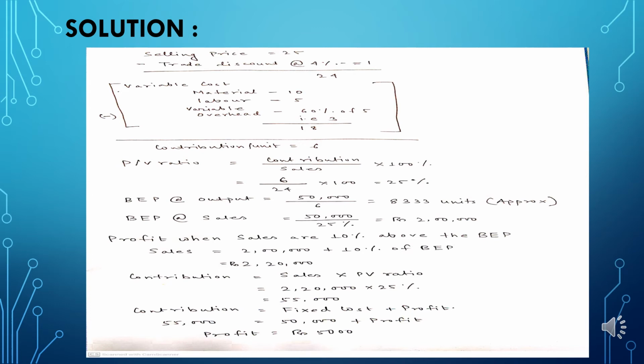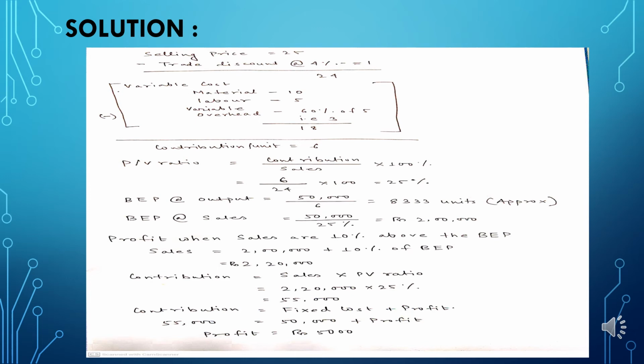Now if we are pretty much aware of the formulas here, we know that PV ratio is practically contribution divided by sales. So if we find out contribution, then the contribution formula basically moves to sales into PV ratio. We know the PV ratio to be 25%. If we multiply that with the sales, we are getting contribution to be 55,000.